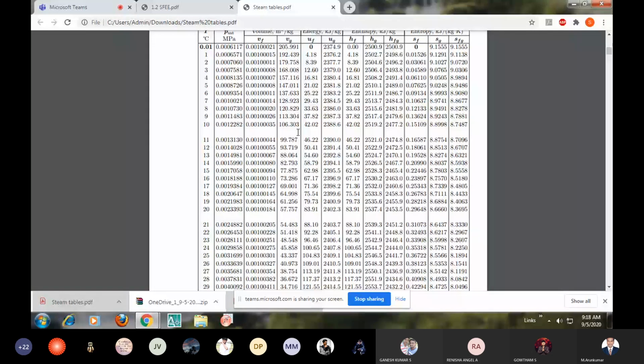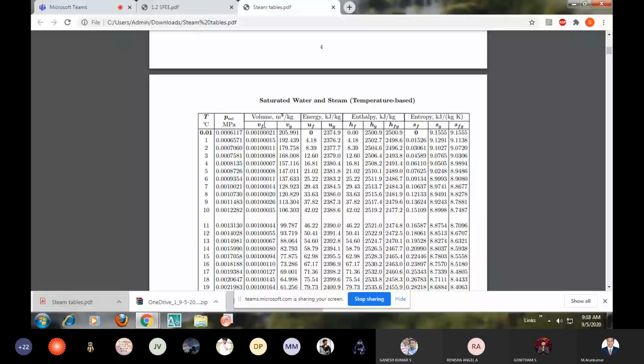Just look at this table. We have vf, vg, then the next is internal energy, so uf, ug, then enthalpy, so hf, hg, then hfg. If you want to find hfg, we take the difference of these two: hg minus hf will give you hfg.